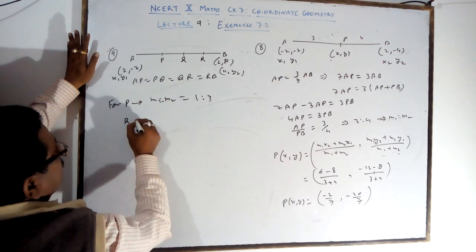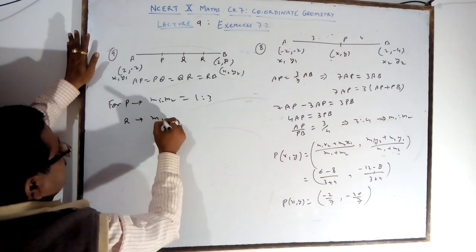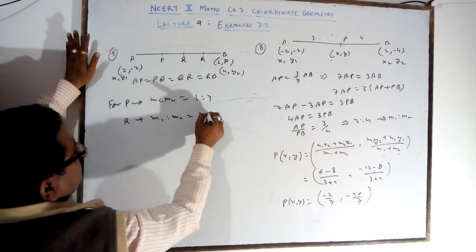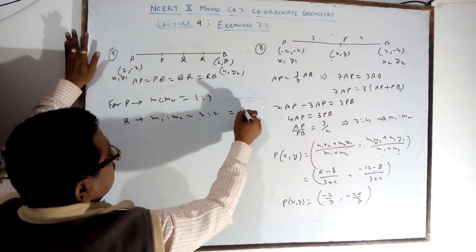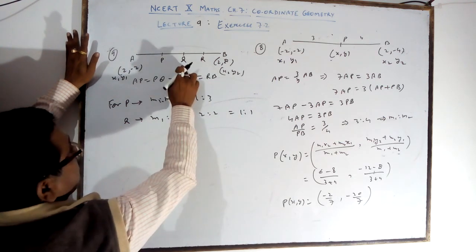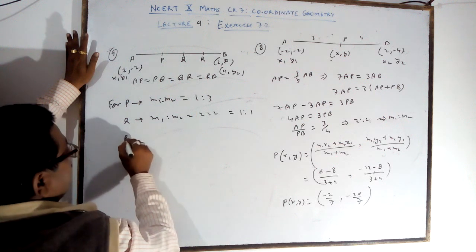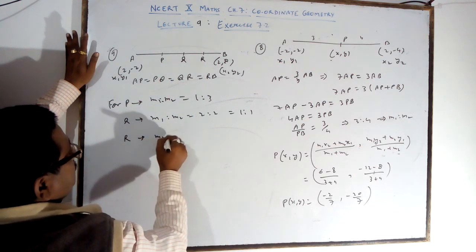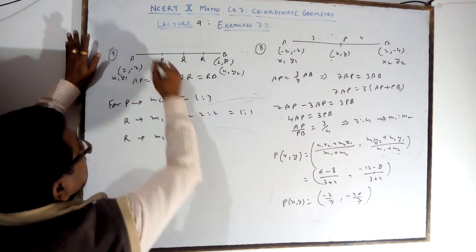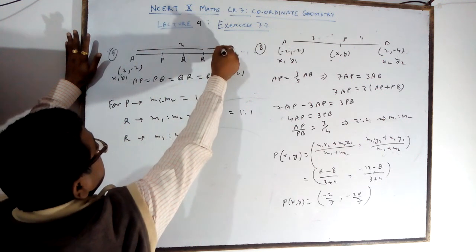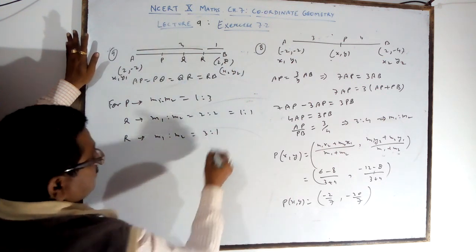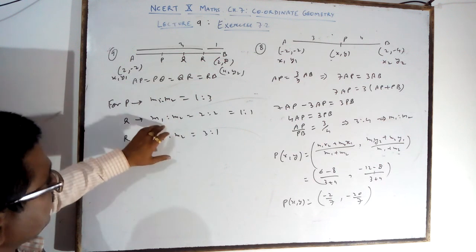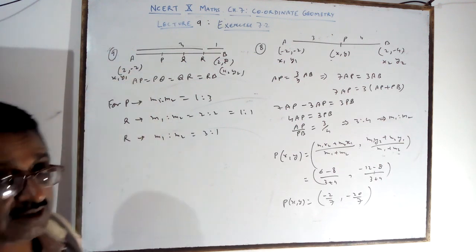For Q, M1 ratio M2 is 2:2, that is 1:1, midpoint, so for Q you can apply the midpoint formula. For R, M1 ratio M2 will be 3:1. So apply this three times and you get question number 9 easily.